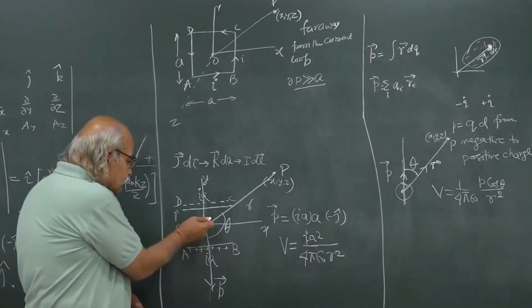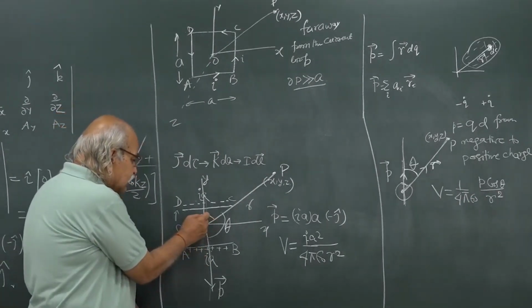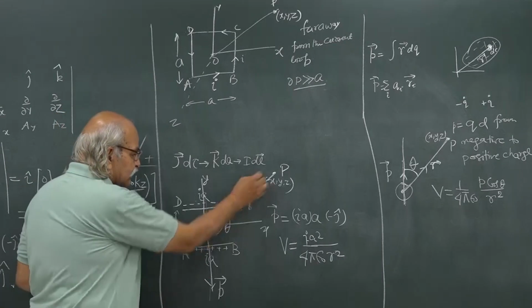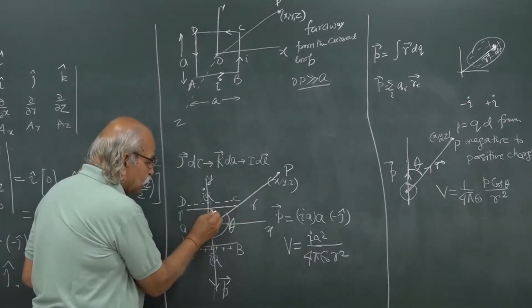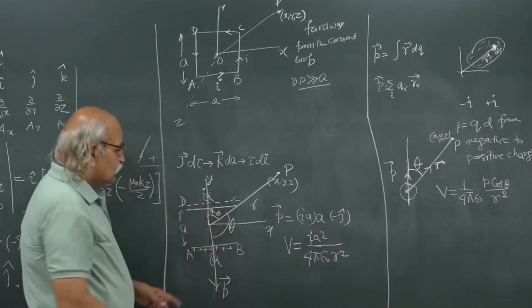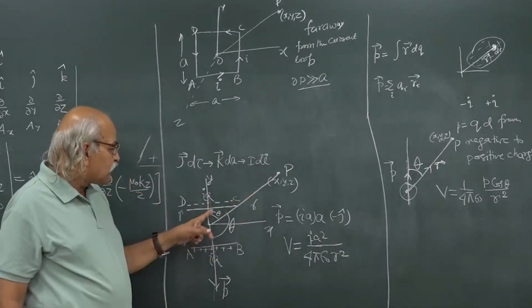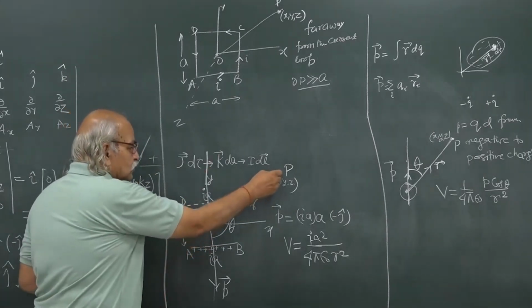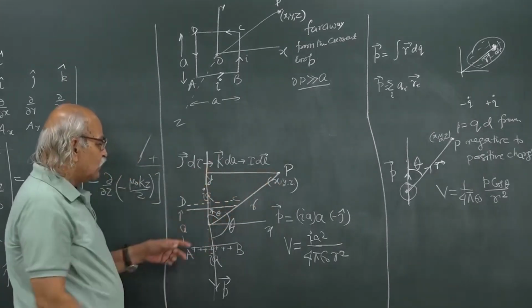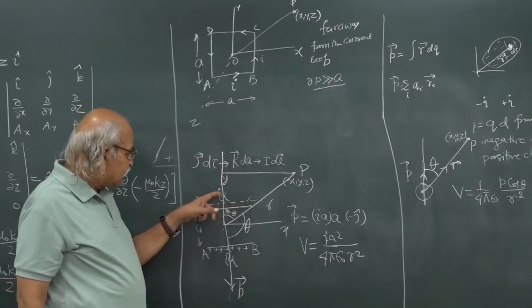Now cos theta. If you take this angle here, and this is r, this will be pi minus theta. So, what is r cos of pi minus theta? If you drop the perpendicular here on the y axis, this angle is 90 degrees.